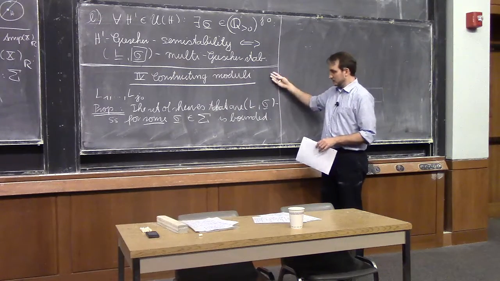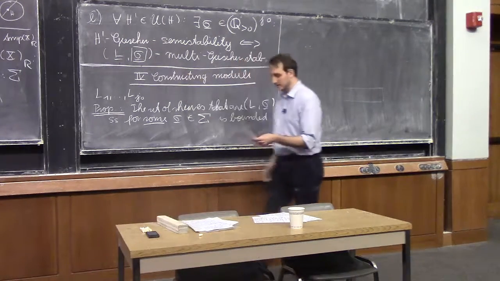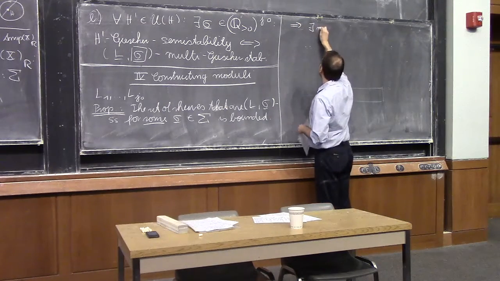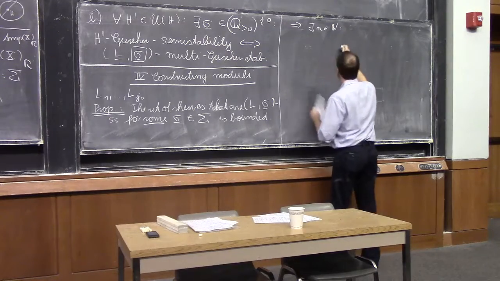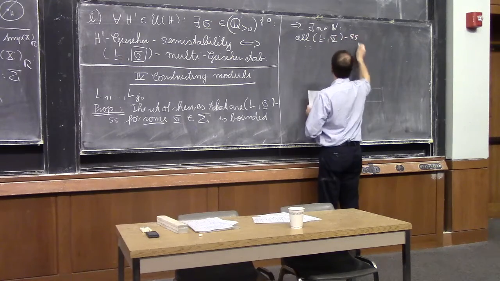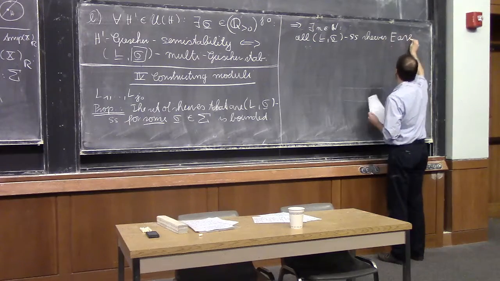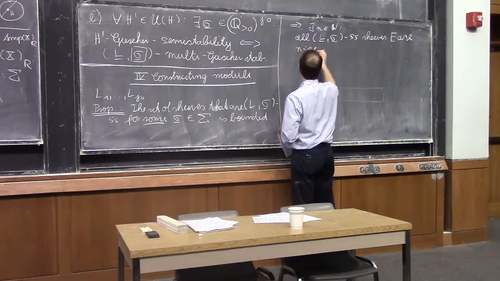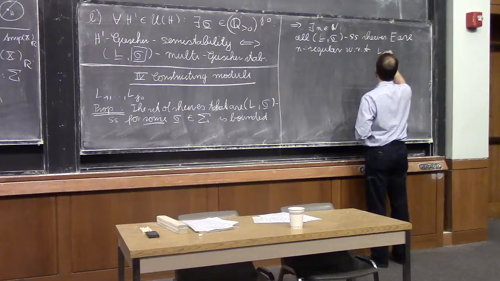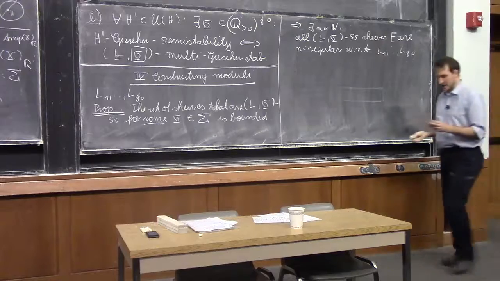So now I'm going to start constructing the moduli space. Any sheaf that is bounded with respect to any of the parameters I'm looking at is inside a bounded family. So this means there exists an n such that all L sigma semi-stable sheaves E are n-regular with respect to all the line bundles involved. That's just a consequence of boundedness.